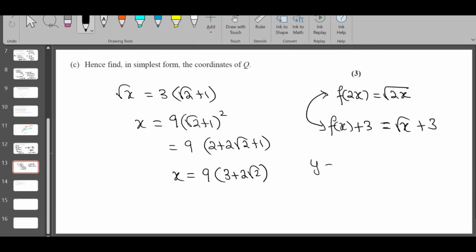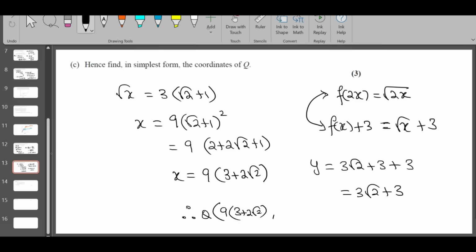So y is equal to 3 root 2 plus 3, which is 3 root 2 plus 6. Therefore the point Q has x coordinate 9 times 3 plus 2 root 2, comma y coordinate 3 root 2 plus 6.